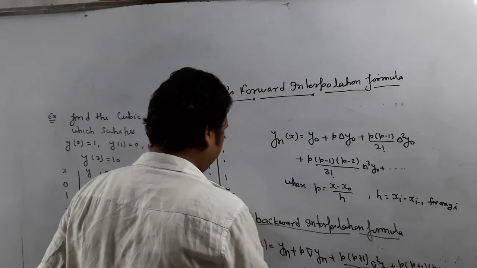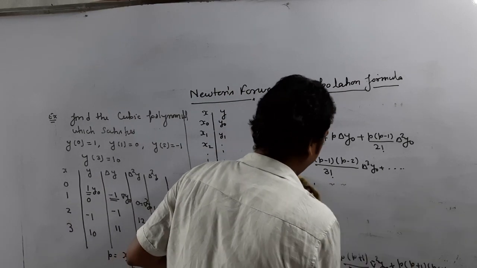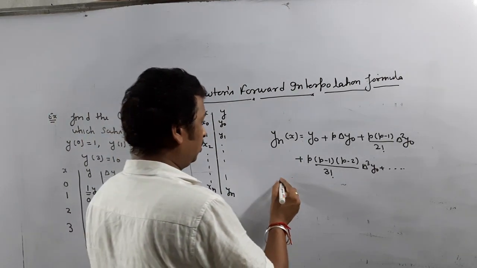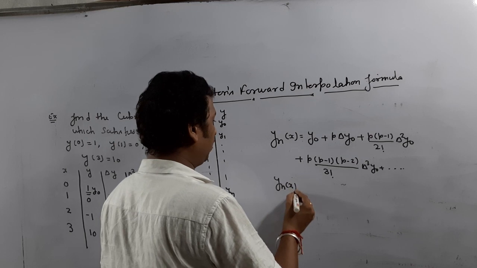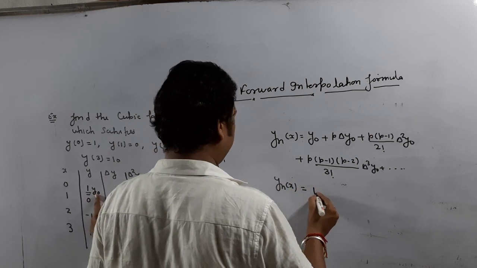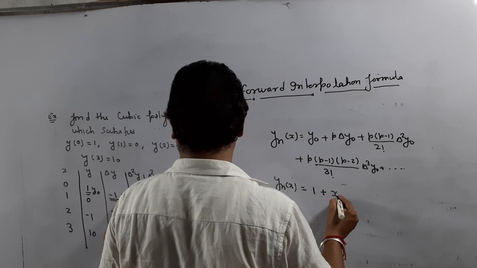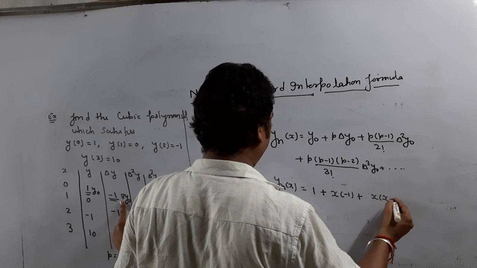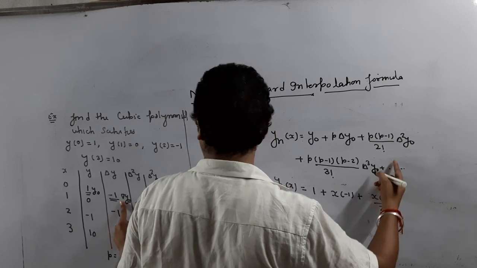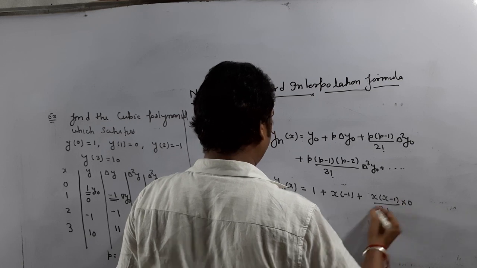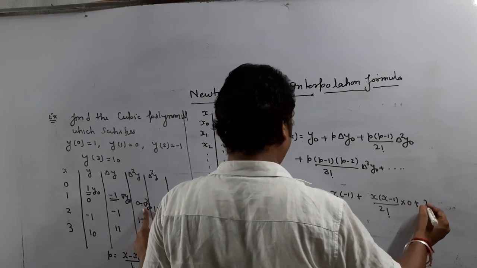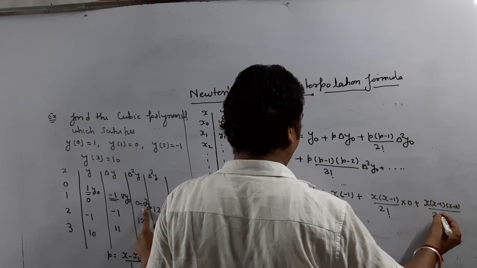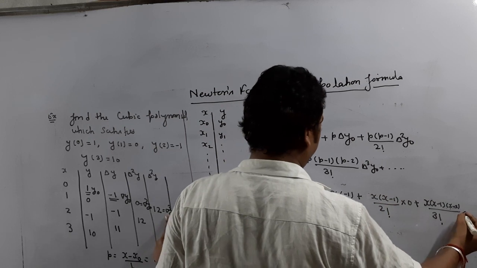Now I am going to put the values. What is y of x? y0 is 1. What is p? x. Del y0 is minus 1, plus x(x minus 1) by factorial 2 del square y0, that is 0, plus x(x minus 1)(x minus 2) by 3 factorial del cube, that is 12.